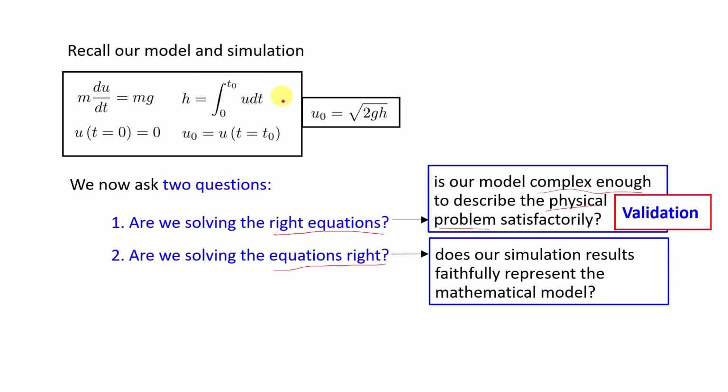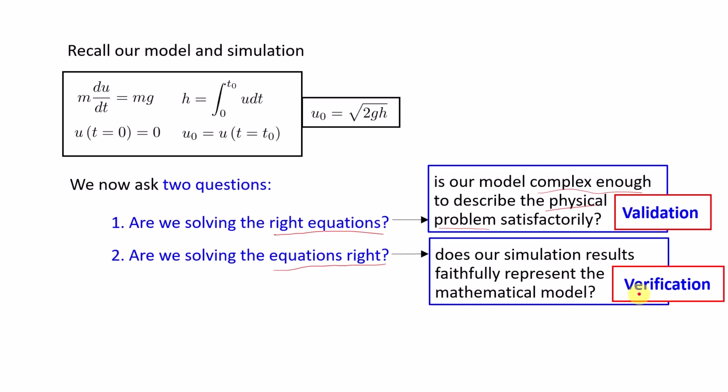So this is our model and this is our simulation result, u0 is root over 2gh. Is this a correct result? This correctness does not mean that we made a mistake. Even with our best effort, what we are getting, is that right? This is something we call verification.